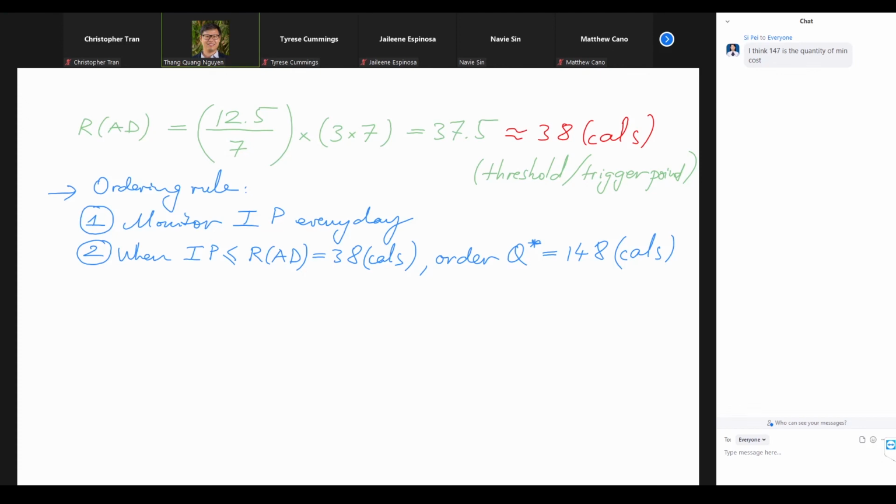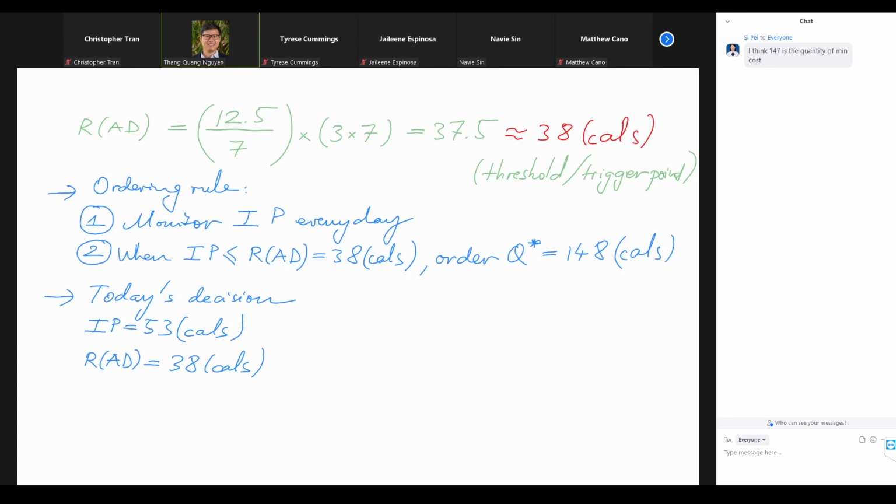And let's see if it is today, then what would we do? If we look at today's situation, the remaining stock is 53 calculators, and the reorder point is 38 calculators.